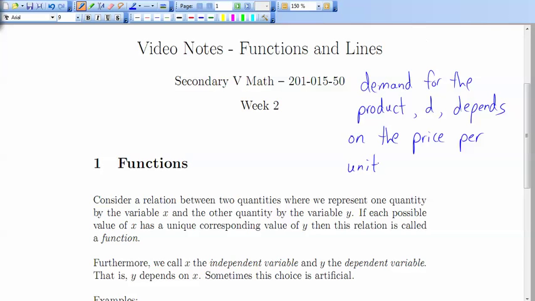Of course, if we increase the price per unit, then the demand will go down. If we decrease the price per unit, make it cheaper, then demand should go up. That's usually what we expect.